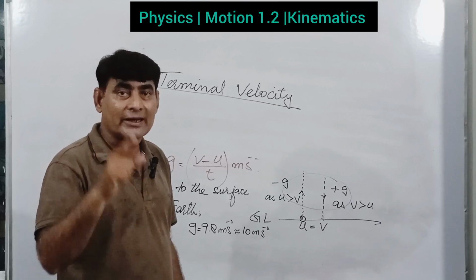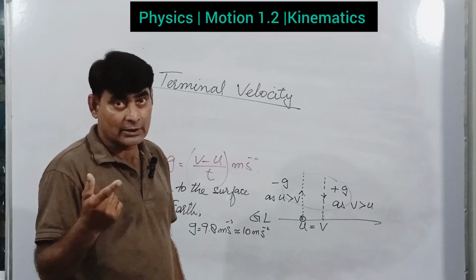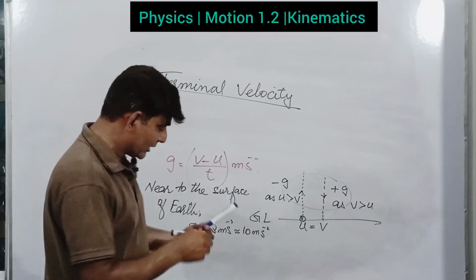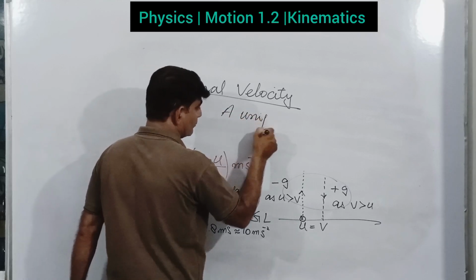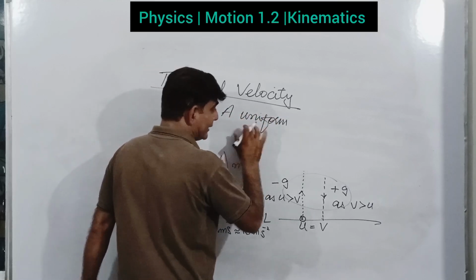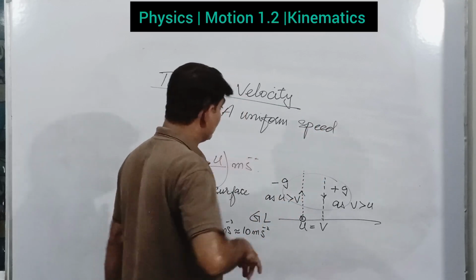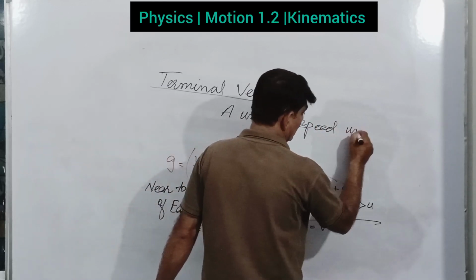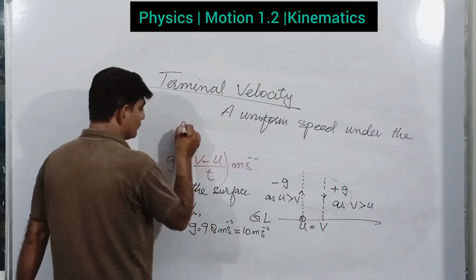Uniform speed during free fall motion, right? Or uniform speed in a gravitational field. So just write down: a uniform speed under the action of gravity.